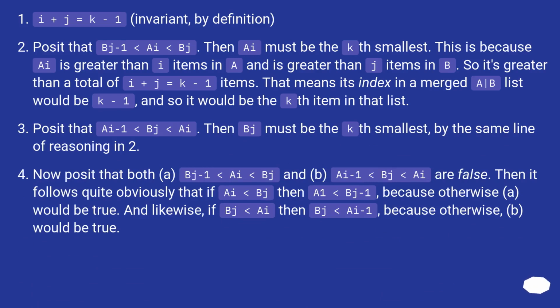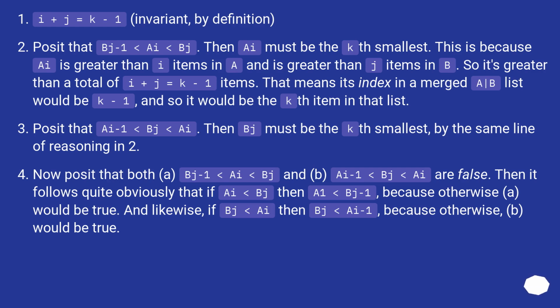Posit that bj1 is lower than ai is lower than bj. Then ai must be the kth-smallest. This is because ai is greater than i items in A and is greater than j items in B. So it's greater than a total of i plus j equals k1 items. That means its index in a merged A vertical bar B list would be k1, and so it would be the kth item in that list.